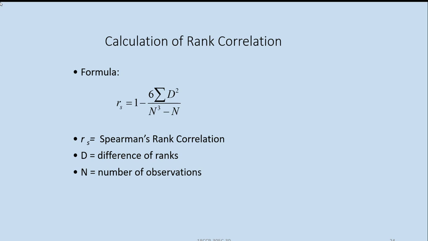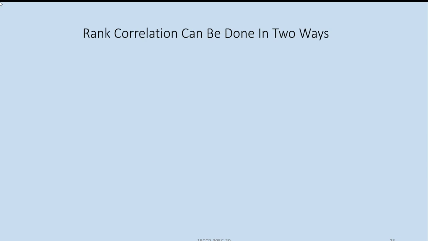Capital D is the difference of ranks. Please write down: D is the difference of ranks of X series and Y series. And rS is Spearman's rank correlation, and N is the number of observations. So we require D and N. Both we got. D is the difference of ranks and N is the number of observations.